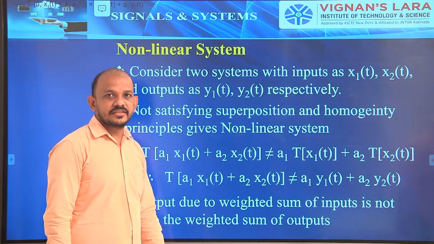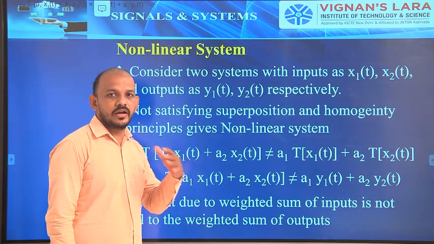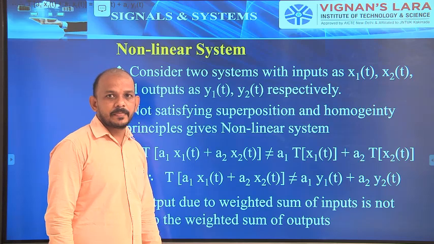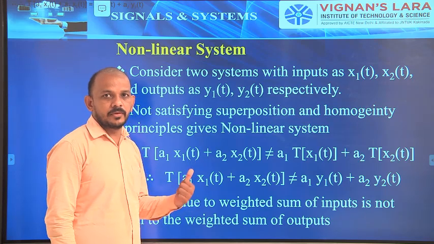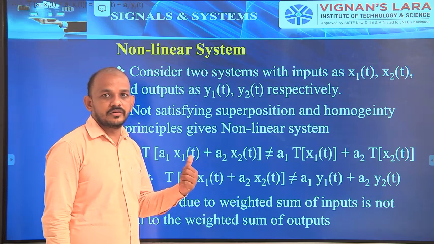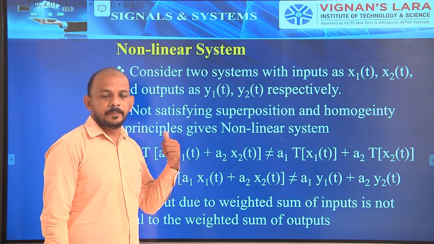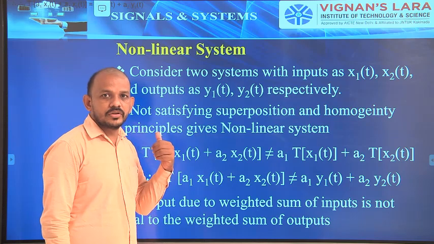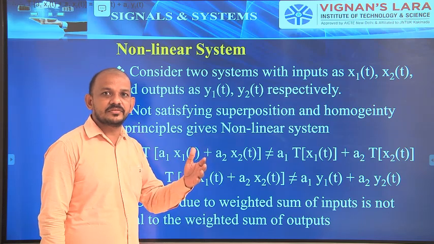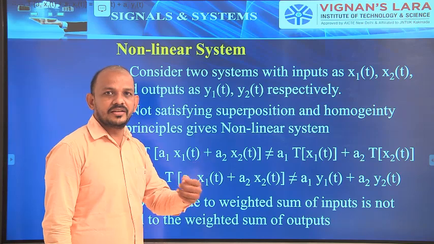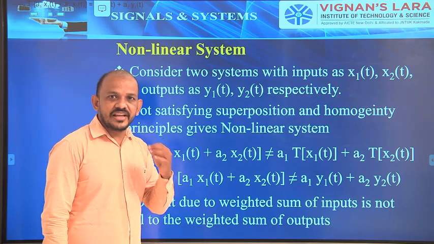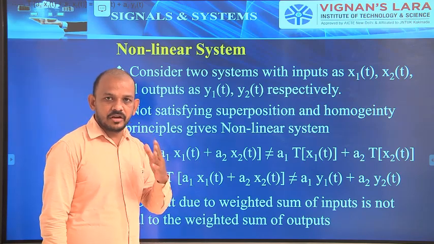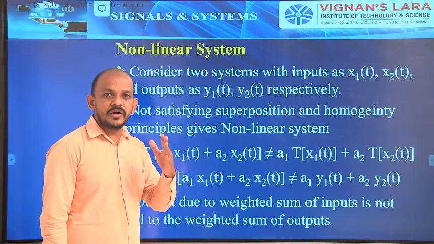In the previous class, I explained linear systems, and I solved a problem. Take an example. I proved the given system is linear. A system is linear if it satisfies both the principles of homogeneity and superposition.